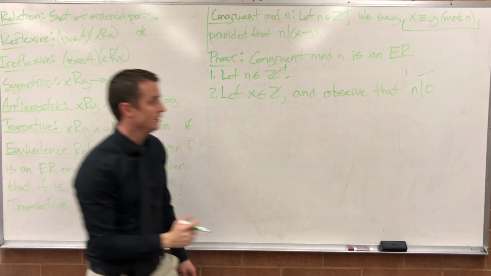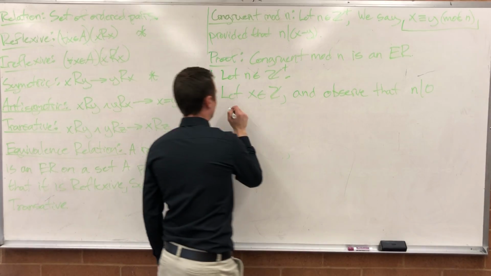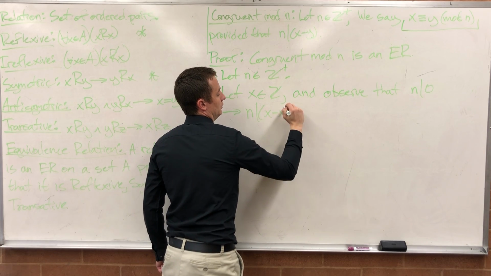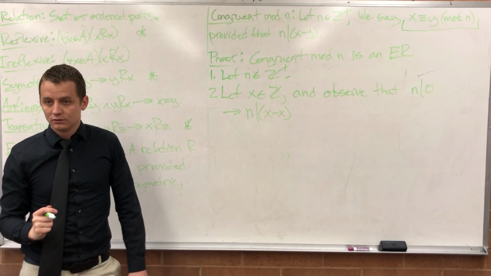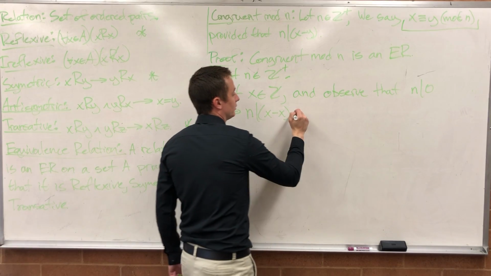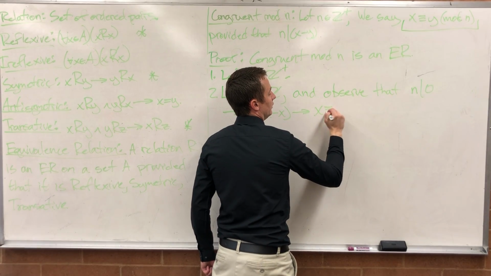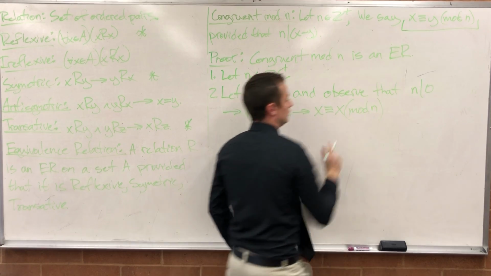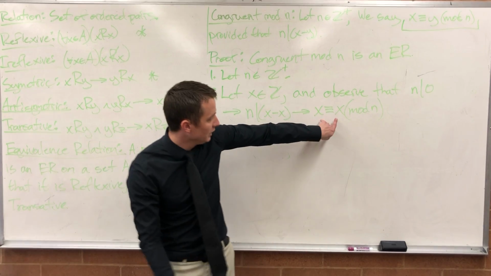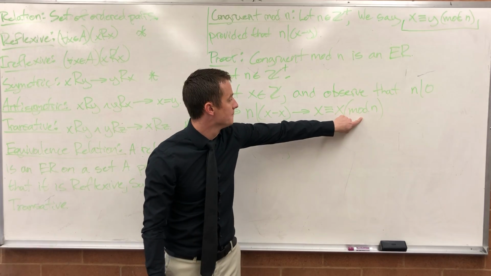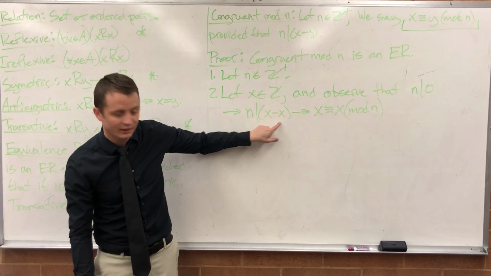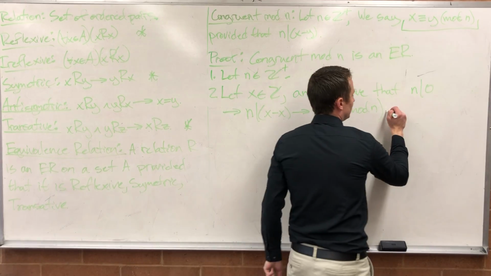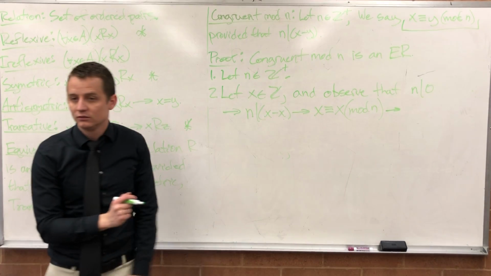Yes, n divides 0, which implies x is congruent to x mod n, by definition. What does it mean to say x is congruent to x mod n? It means that n divides x minus x. Which implies it's reflexive.